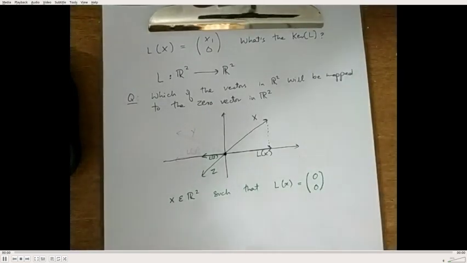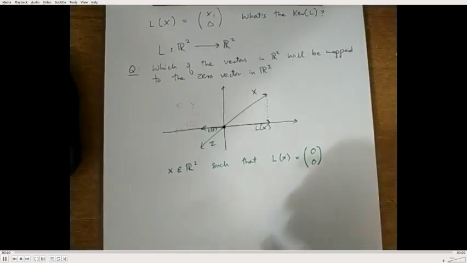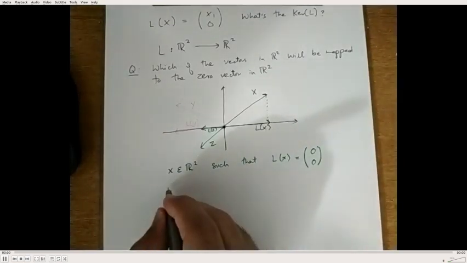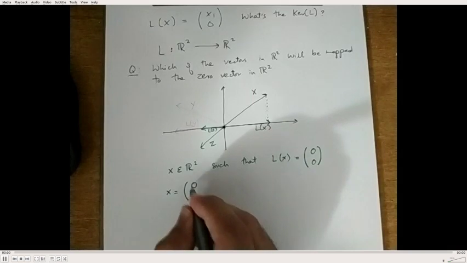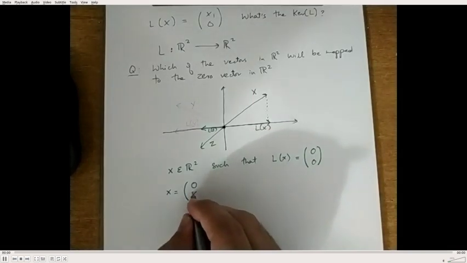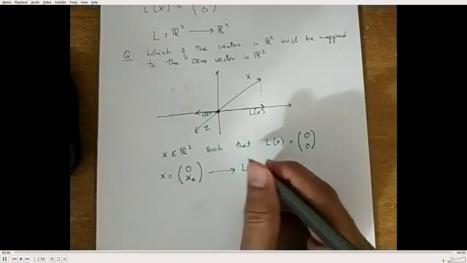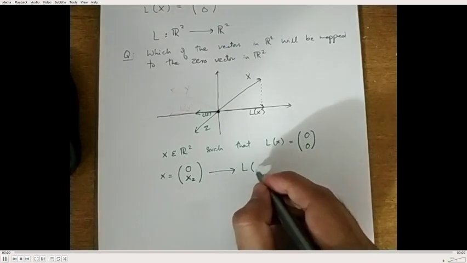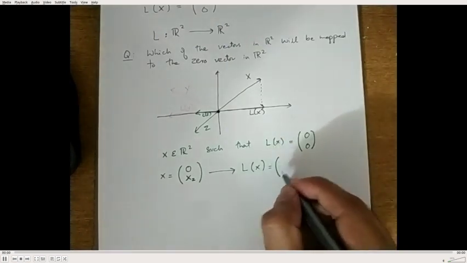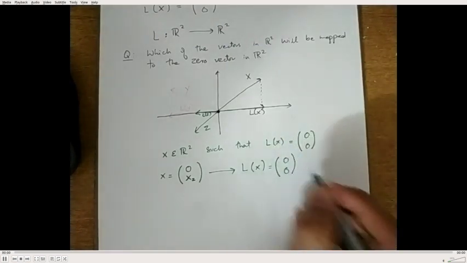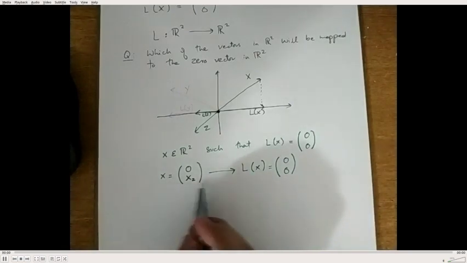And of course, this is easy to see, that if you just have a vector whose first component is 0, we don't care about the second component because the second component becomes 0 automatically. Then if you take the image of this vector in this transformation, it's going to map onto (0, 0). And what vectors are these?